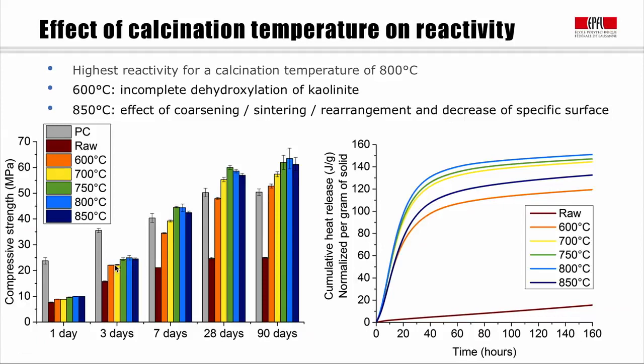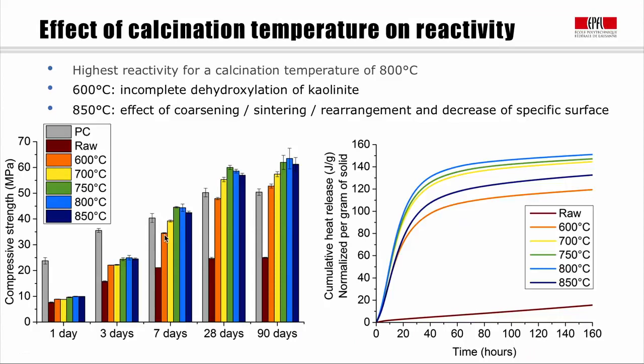The calcined clays, even from 3 days, are giving a very significant increase, which is indicative of their reaction. And we see by 7 days that for this particular clay, which contained about 40% kaolinite, if you're at the optimum calcination temperatures, the strength is surpassing that of the Portland cement.